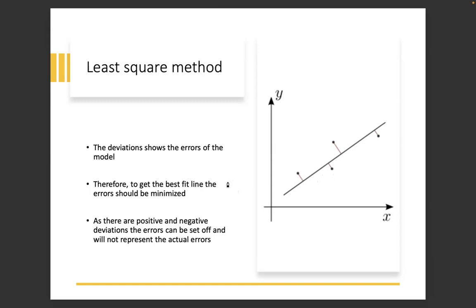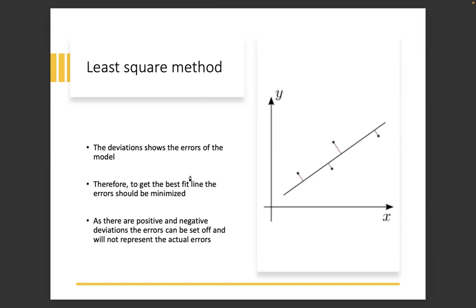The errors can be set off and will not present the actual errors because of these positive and negative values. That is the least square method. For this least square method, the calculations are there.